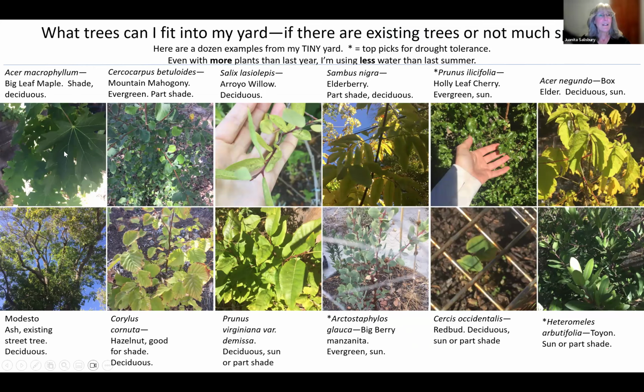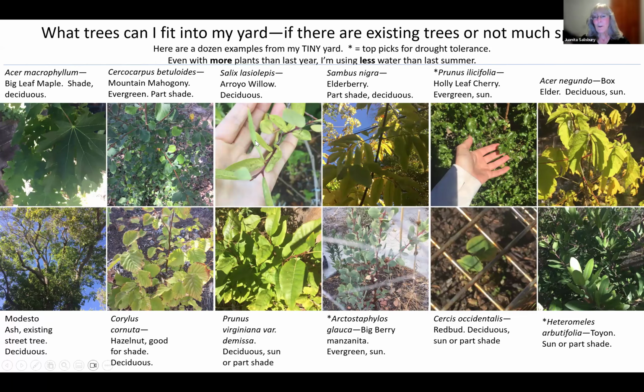So Acer macrophyllum, the big leaf maple, it's deciduous, has these big shady leaves on them, really pretty. Cercocarpus betuloides, the mountain mahogany. This is a very narrow tree, so if you don't have much space, it's semi-deciduous, so it doesn't lose all of its leaves all at once.